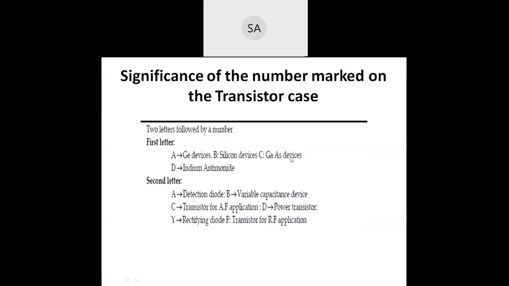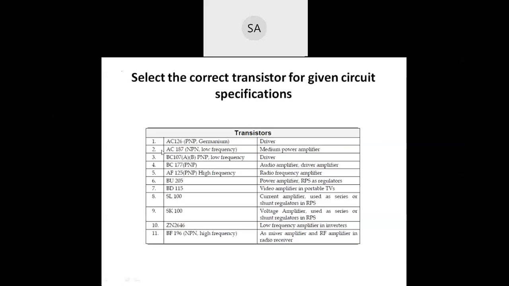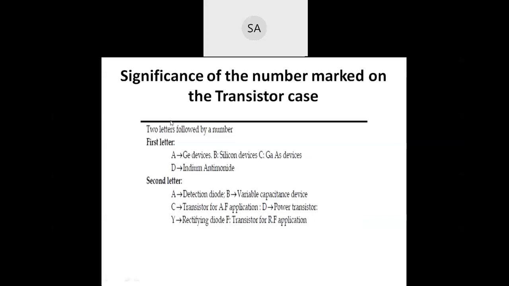Like this, we use the letters to identify the transistors. So B is the silicon devices, A is the germanium devices, C is the gallium arsenide devices, and D is the indium antimonide.